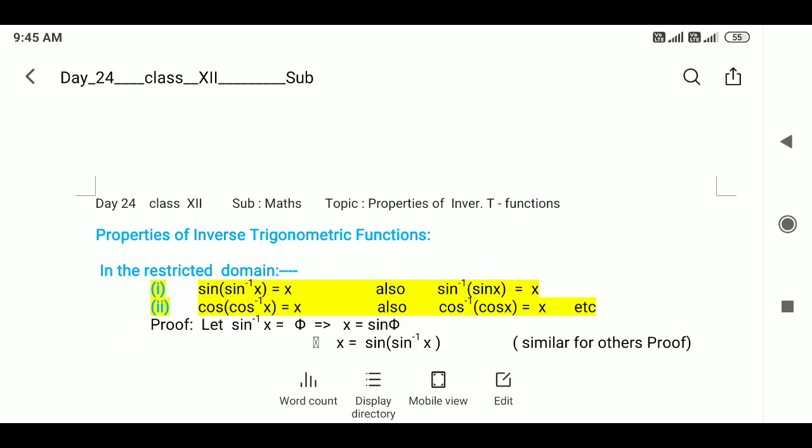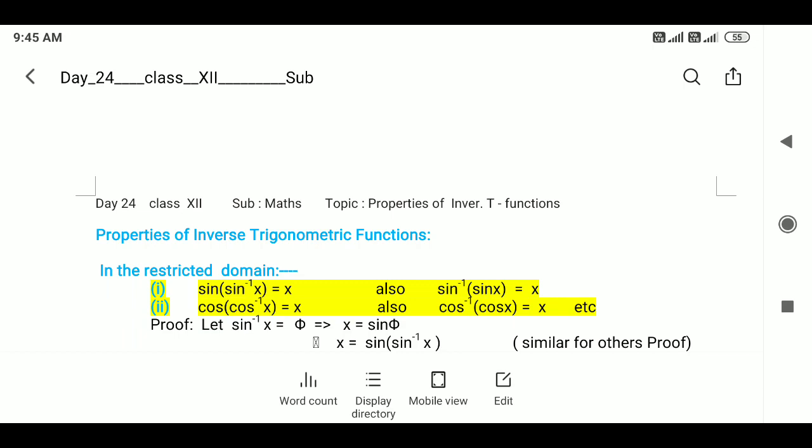First property: sin(sin inverse x) is equal to x. Sin and sin inverse both are removed. Also, sin inverse (sin x) is equal to x. Here also sin inverse and sin are removed. Similarly, cos(cos inverse x) is again x.